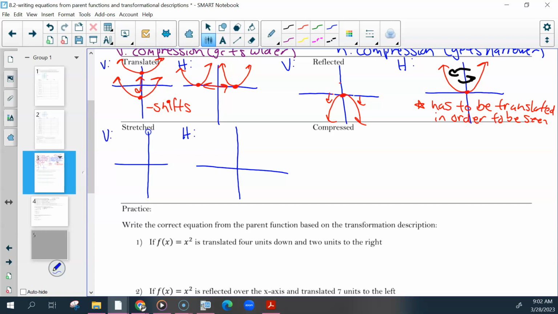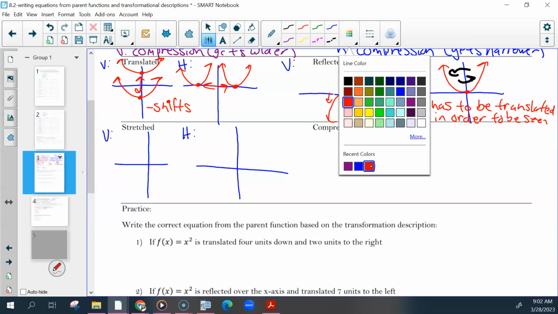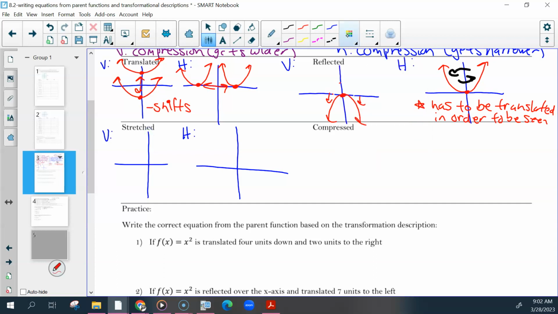If it is vertically stretched, I said that it stretches towards the y-axis. It gets narrower. So you can make it a little narrower, and kind of draw arrows showing that it's going towards the y-axis.